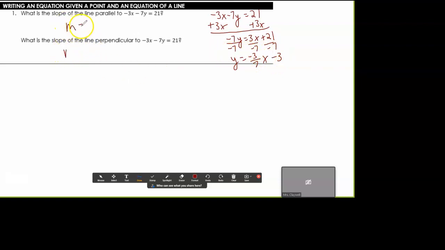Parallel line means the same slope. For perpendicular line, we draw this little right angle symbol. I'd flip it and it's now the opposite sign. So it was negative, now it's positive.